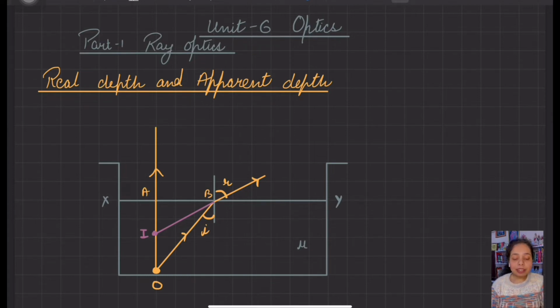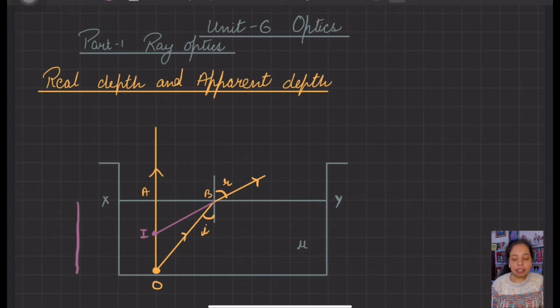So from this diagram, it is very clear to us that when we are observing the object from the air or the rarer medium, and the object is placed in the denser medium, say water, then its image is formed far above the real position of the object.